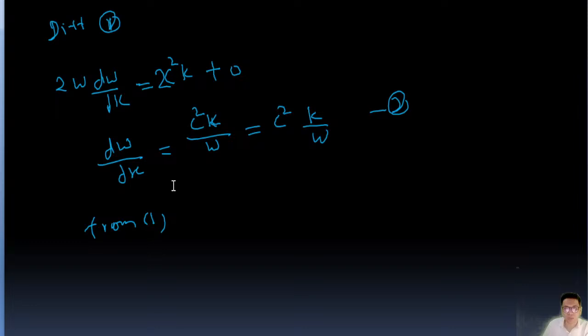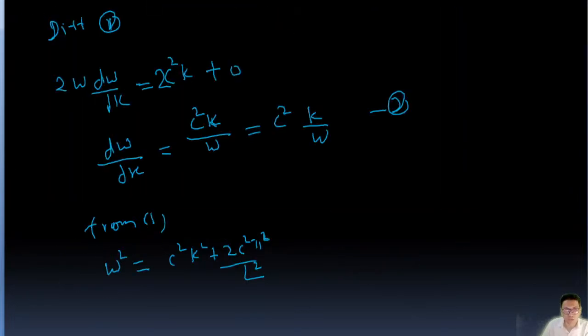Now from equation 1, we'll find the value of omega upon k. I'll show you how I found it. From 1, omega square equals c square k square plus 2 c square pi square upon L square.